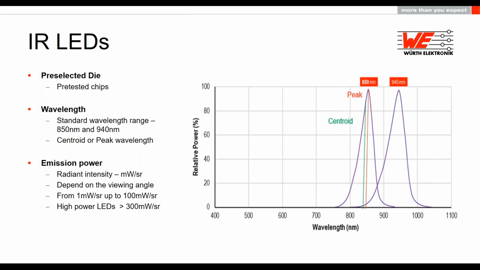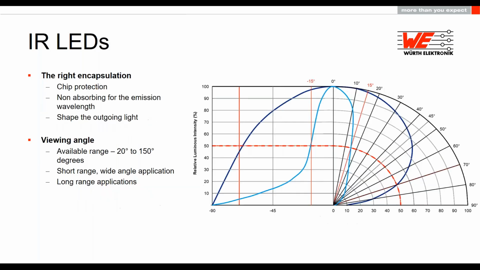Of course, in our portfolio we also have the high power LEDs with radiant intensity of more than 300 milliwatt per steradian. But what is now important, except the chip, as I said, is the viewing angle.